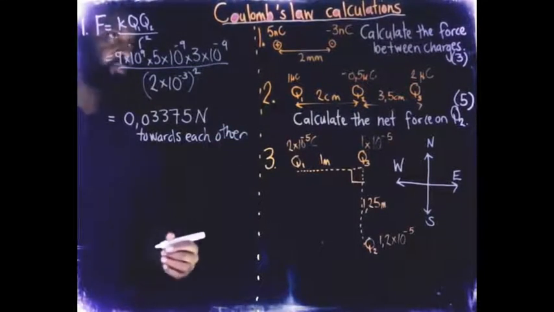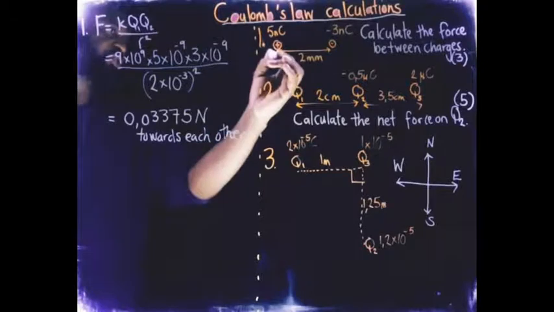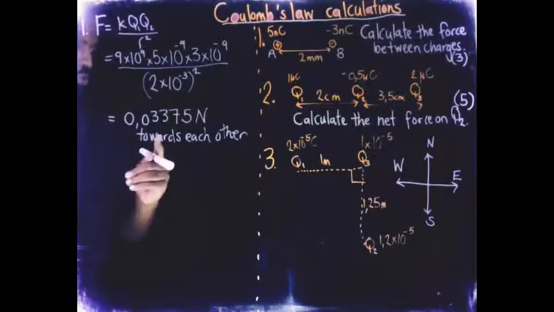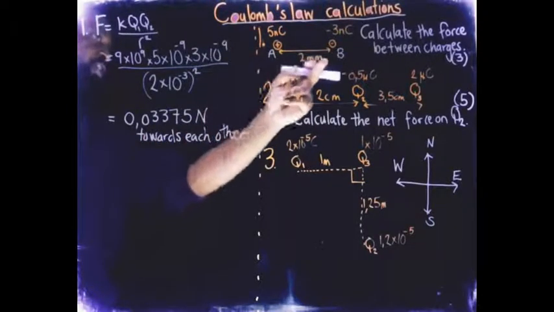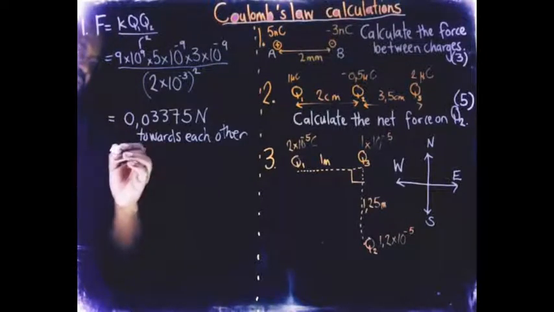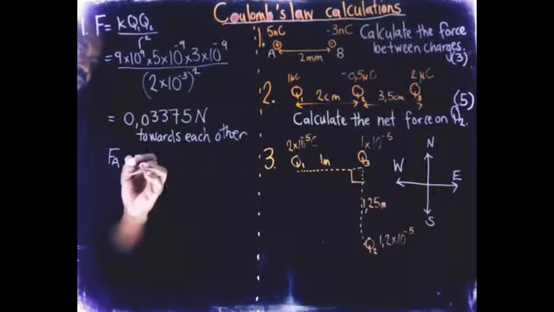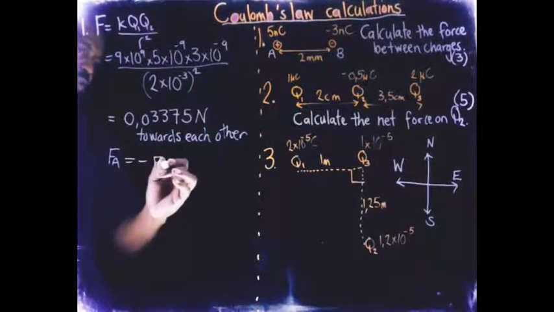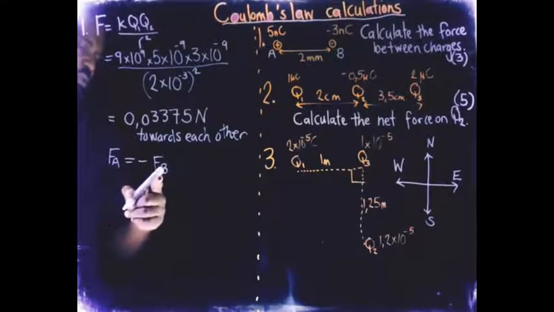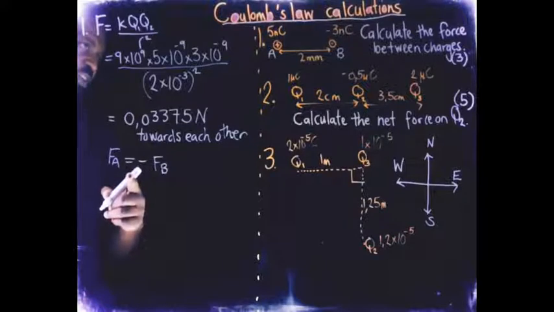Okay. Now, let's suppose this was charge A and that was charge B. Newton's third law tells us that the force the charges exert on each other is the same. In other words, the force on A should be the same as the force on B. These forces will have the same magnitude, but they're acting in different directions.